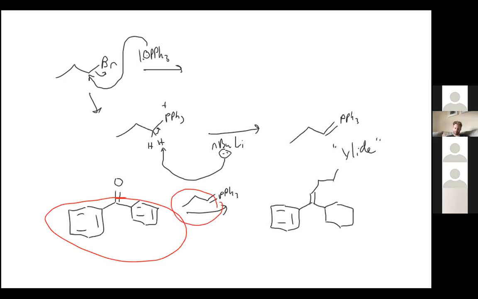So we get the two benzenes with the carbon in between them. From the left part, we get the 3 carbons from this ylid here, and that would give us this product here.